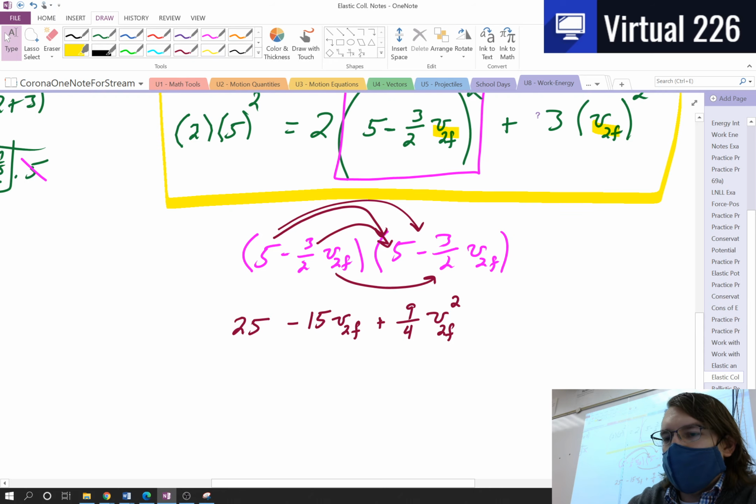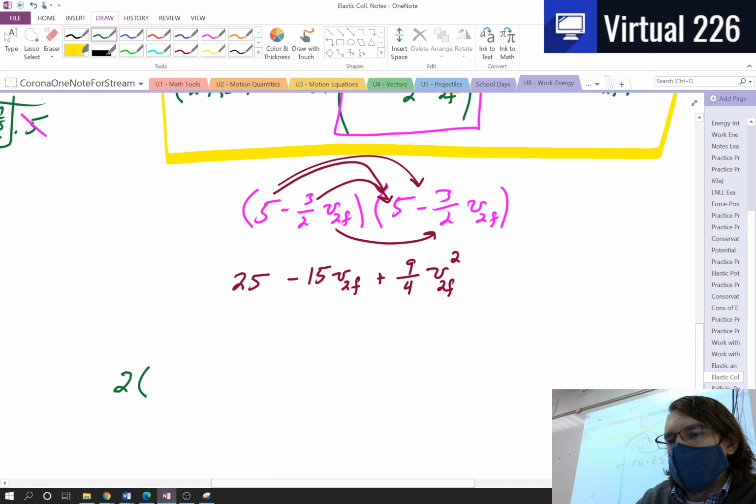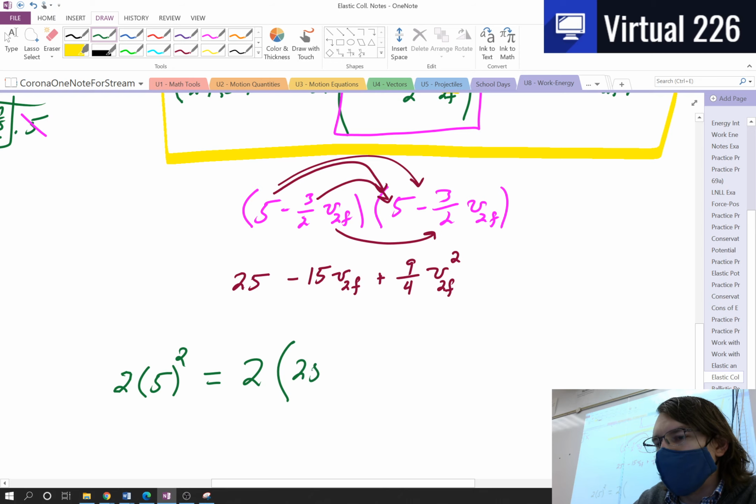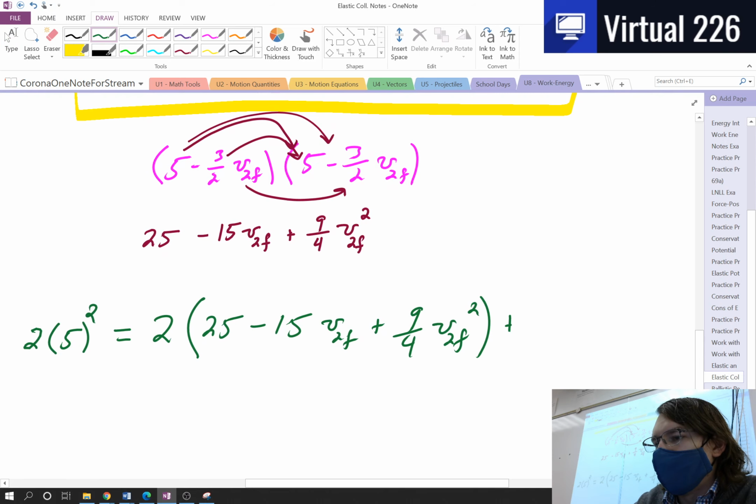So now what we have is the following. We have 2 times 5 squared equals 2 times 25 minus 15 v2f plus 9/4 v2f squared, plus 3 v2f squared.